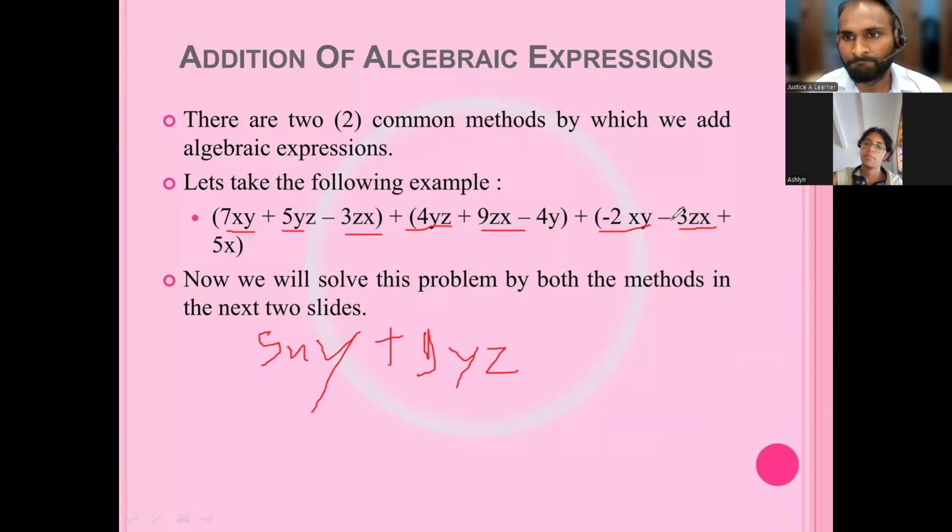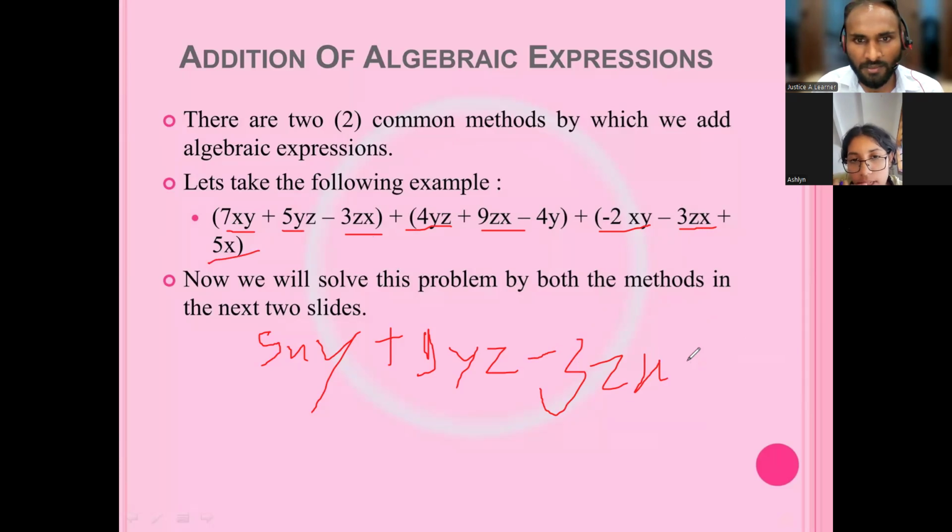How do you see them? When you add the 9zx to the minus 6zx, it becomes 3zx. Yes. So it will be 3zx, correct? And now we are coming to the data which remained, that is positive 5x, right? And this minus 4y, and minus 4y. Great.